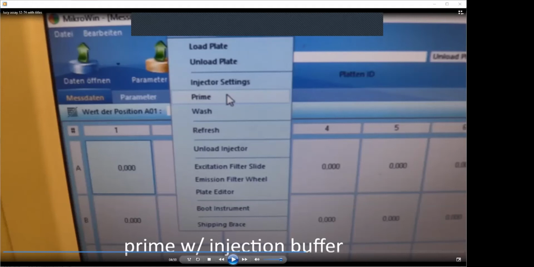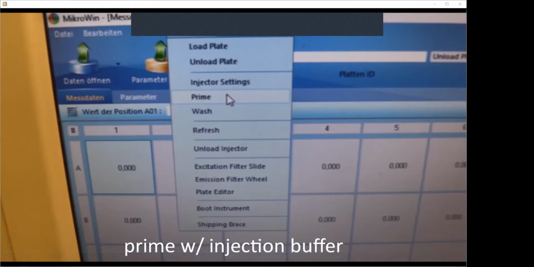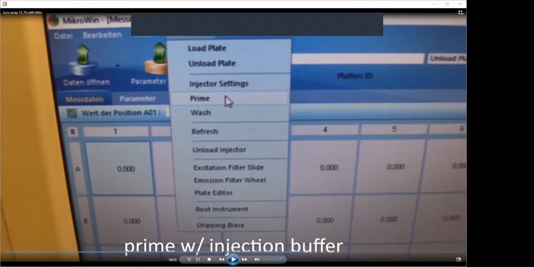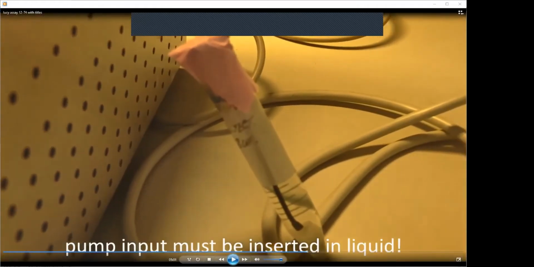And that provides you with the same efficiency for all of your samples. So the first sample will be filled with the same injection buffer as the last one. If you wouldn't use this step, then you have either air or you have the washing solution in the first samples. So this is the first step which is necessary to do.